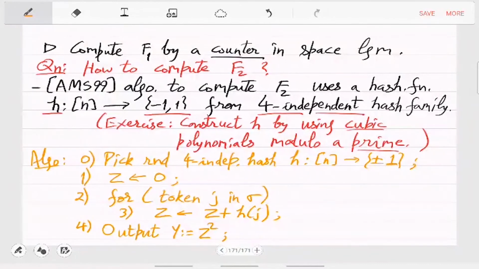Now the question is, what does this have to do with F2? Is Y related to F2? That is not at all clear in this algorithm. It's a very simple algorithm, but now all the work will be done in the analysis.